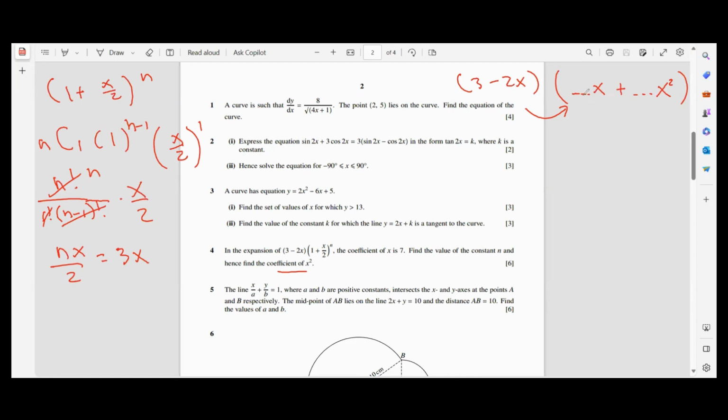Because minus 2x will be multiplied with the coefficient of x, and then 3 multiplied with the coefficient of x squared. We already got one coefficient, 3x, and then we only have to find the x squared.